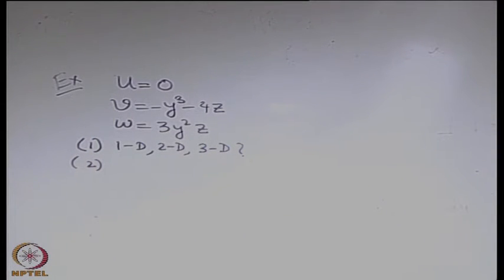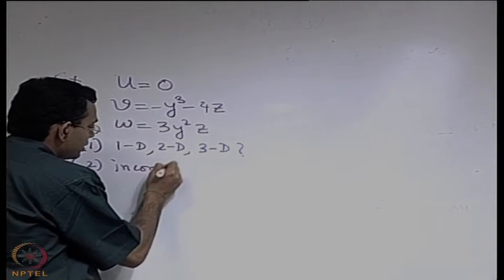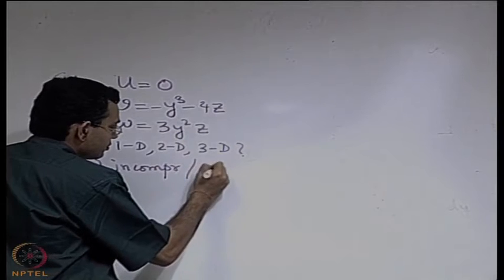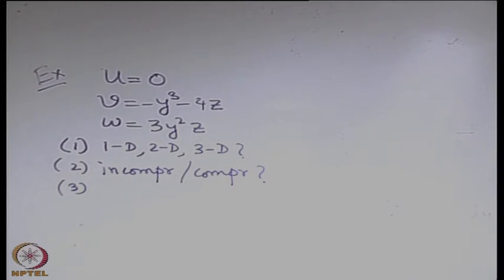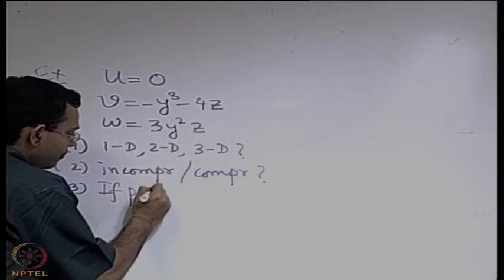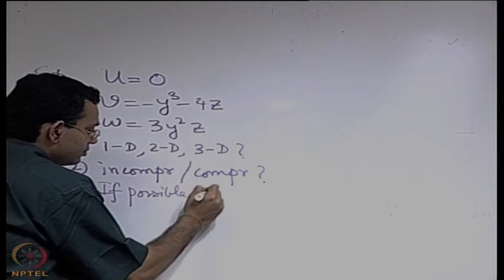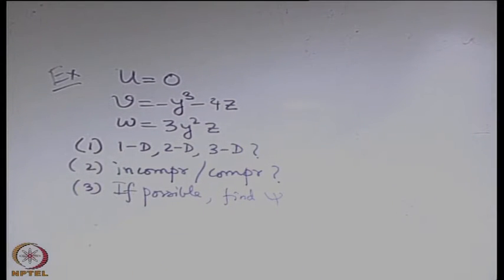The next one, whether it is incompressible or compressible flow, and the third part is that if possible define a stream function for the flow. See, if possible is very important, because the stream function is not defined for all types of flow.